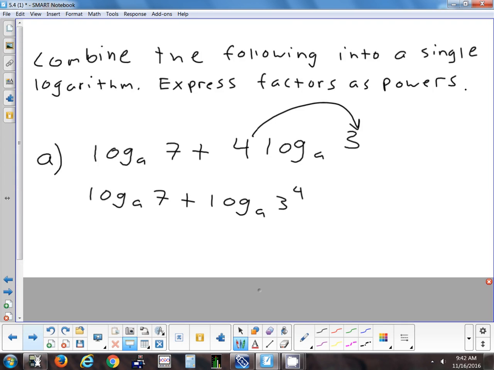And if you wanted, you can do this out. 3 to the 4th power, you could just type it in on your calculator. Log base a, 7 times 3 to the 4th. Because this is plus, when James recombined it, remember addition must have originally been multiplication.